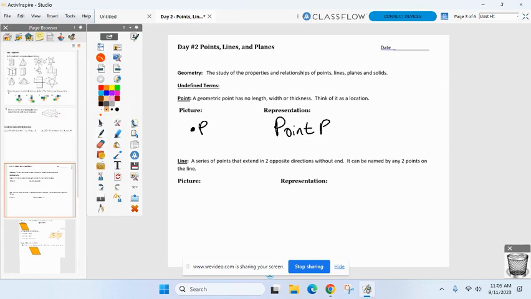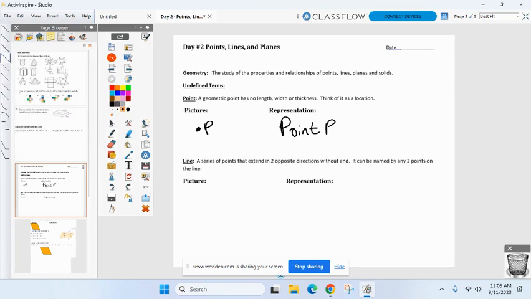But if I put an infinite amount of points together, I get our second word, which is called a line. Now, I got to be particular here. When you draw a line, you have to have arrows on both sides. If you're missing an arrow on one side, guys, that's a totally new term I got to go over next week. If you leave both arrows off, that's a term I'm going over tomorrow.